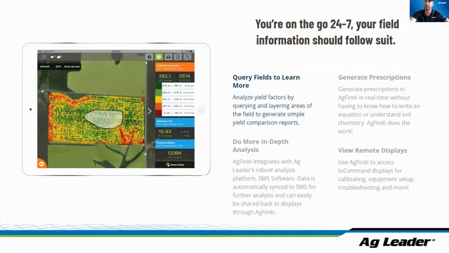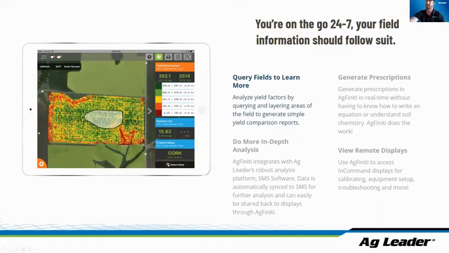That way, I can query a certain area or draw a circle around it, and then I can focus on that area for next year. If I know my green area is good, what did I do well in that area compared to the red area? Things like that allow us to game plan better for next year. So the technology allows us to record all of these different data points.